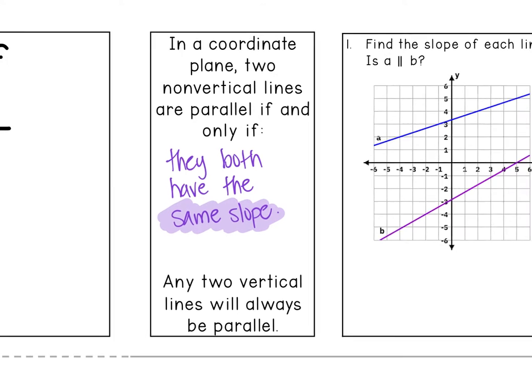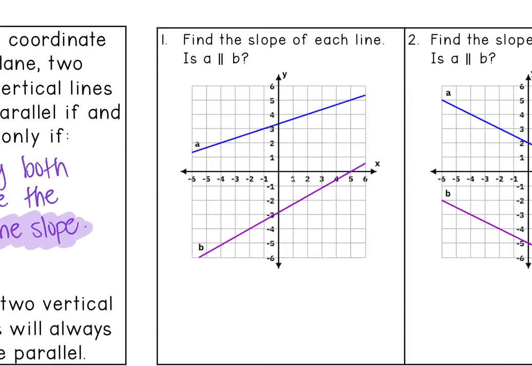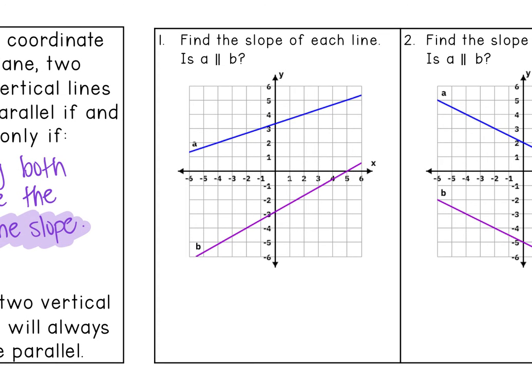First off, we have this picture here, and it says, find the slope of each line, and then is A parallel to B? Remember that symbol means parallel. So let's start with A. I'm just going to write the letter A down here. We need to pick 2 perfect points that are going through the corners. So I think right here would be a good point at -4, +2, and then at 2, 4.